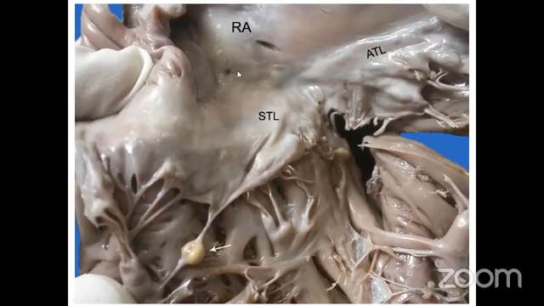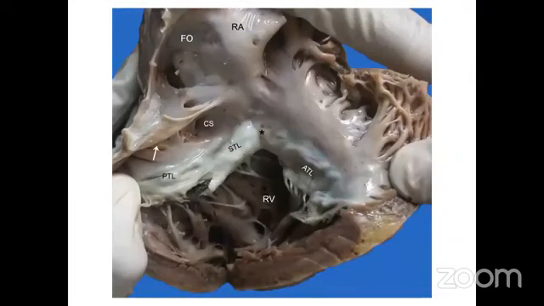Now you can also see some openings which are nothing but the openings of the small veins of the heart, which directly open into the right or the left atrium, and they need not necessarily open into the coronary sinus.